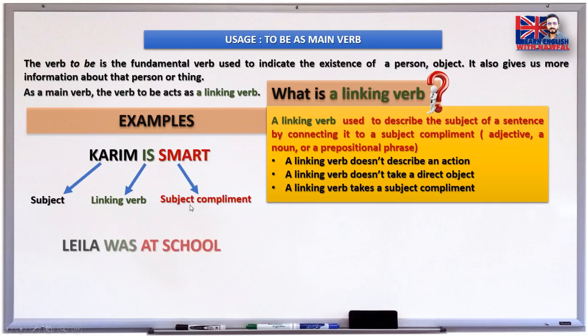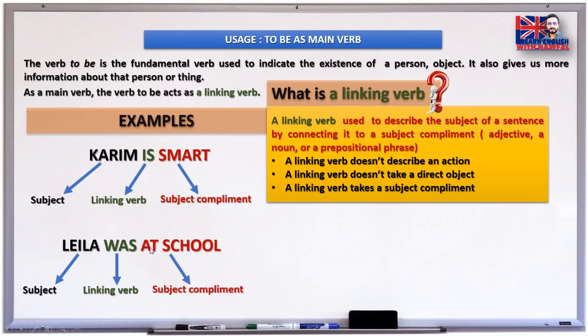Okay? Another example, Layla was at school. So Layla is the subject, was is the linking verb, at school is the subject complement. And at school here, of course, it is a subject complement that comes as a prepositional phrase.